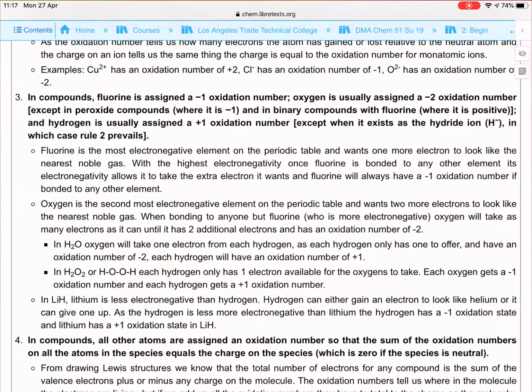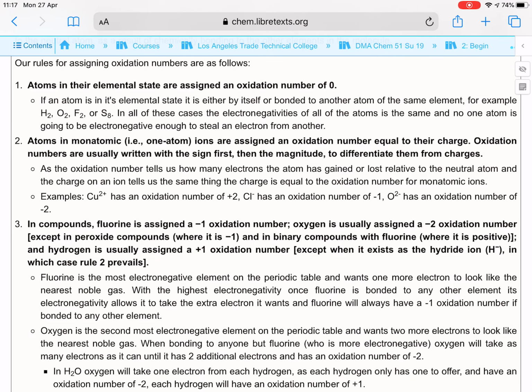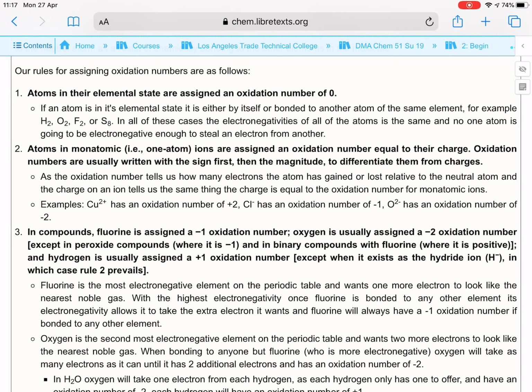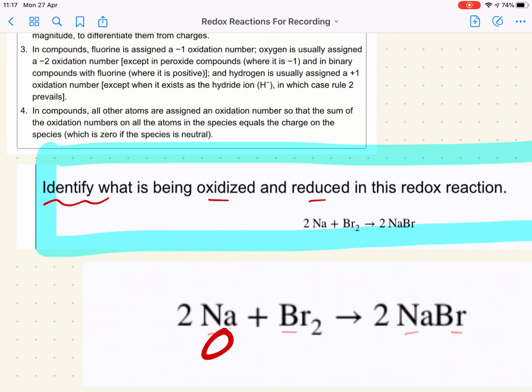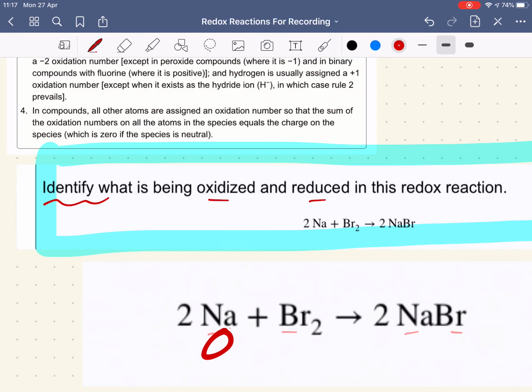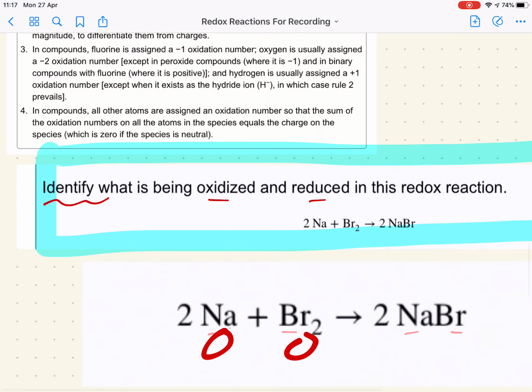If you reference back to this one, remember, bromine is bonded with bromine, so that still fits into rule 1. So let's give bromine a 0 as well. Both bromines in that Br2 have an oxidation number of 0. These red numbers are about the atoms, not the compound.